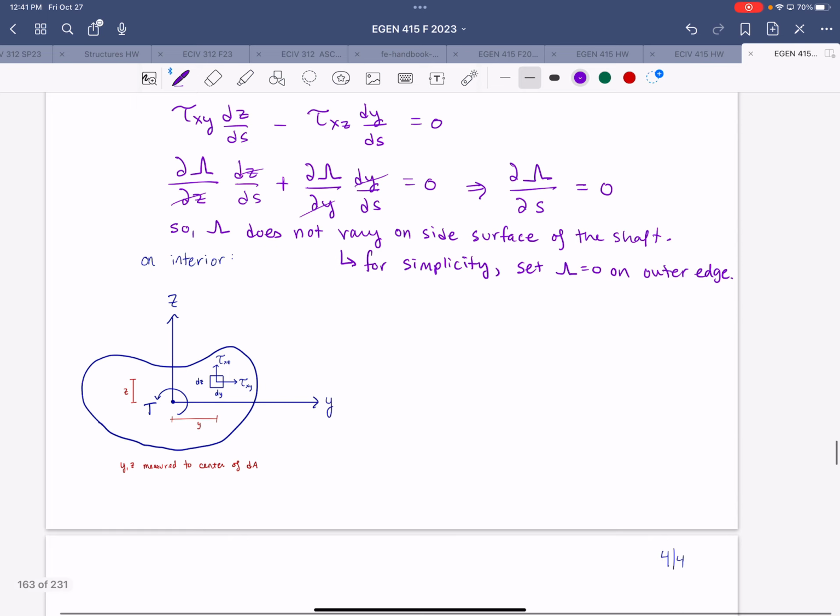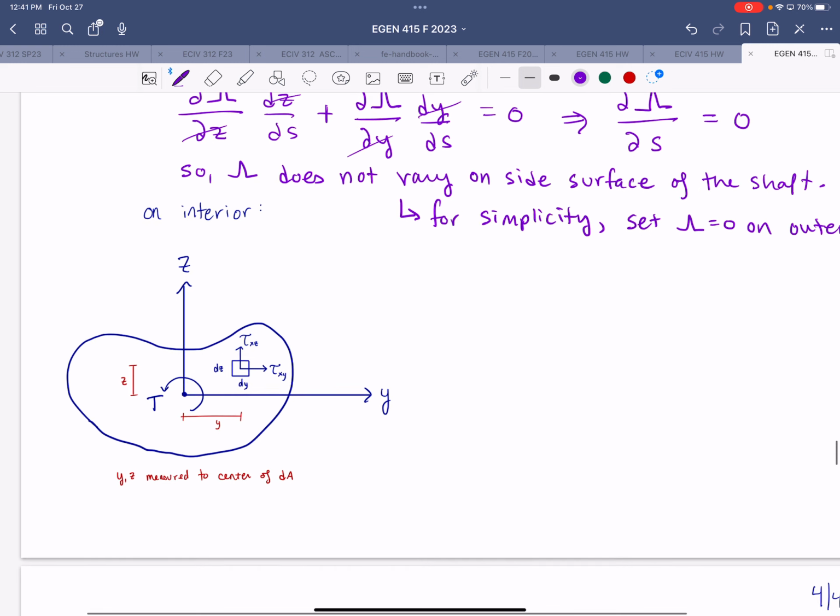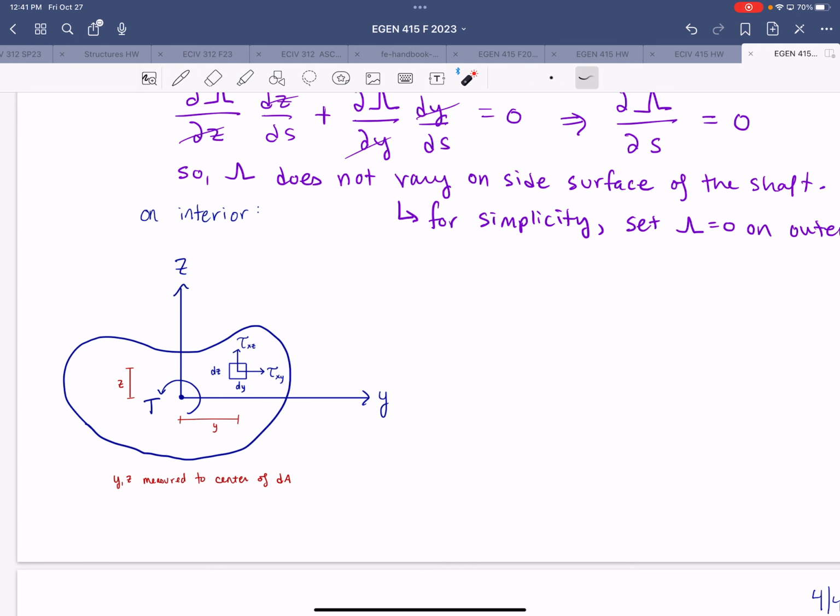All right. So now, if we say lambda is equal to 0 all along the outer edge, let's think about what's happening on the interior.